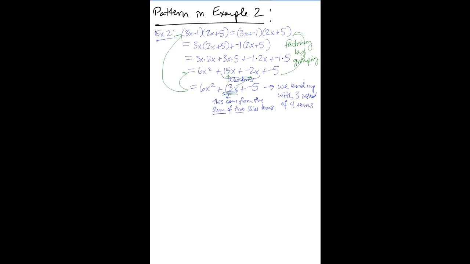So it seems that the trick here, the one extra step that we need in order to factor things like what we get here in example 2, is we need to figure out how do we break up this middle piece. So let's think about this. I'm going to write it even more generally here.